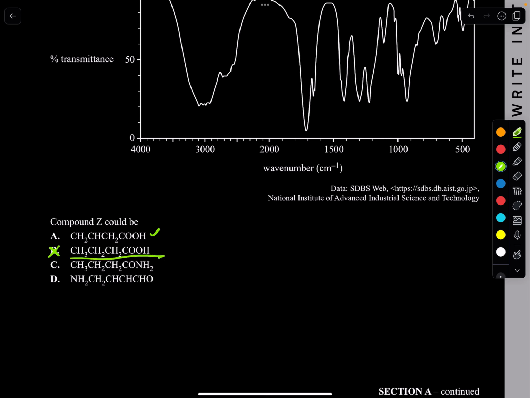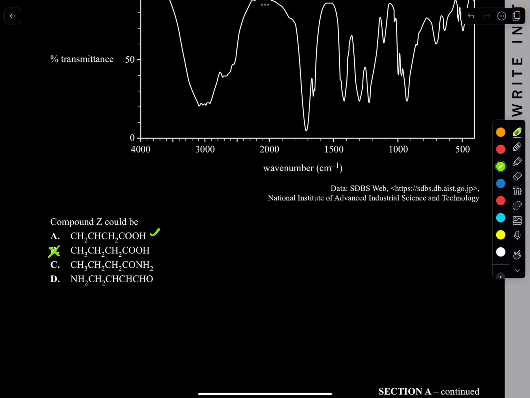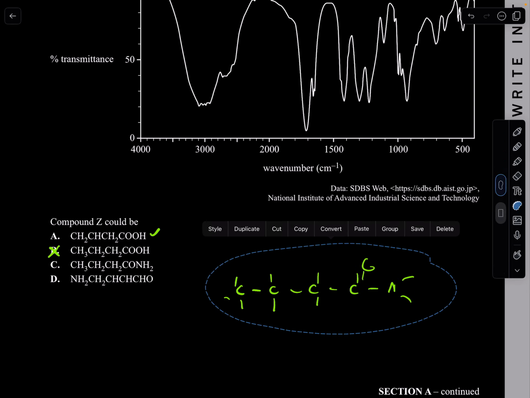There's no actual double bond. You can see that if you draw it out, it has no C to C double bonds. So rubbish. Next one, we have a C here and a COONH. Rubbish, no C to C double bond. So that one doesn't work either.